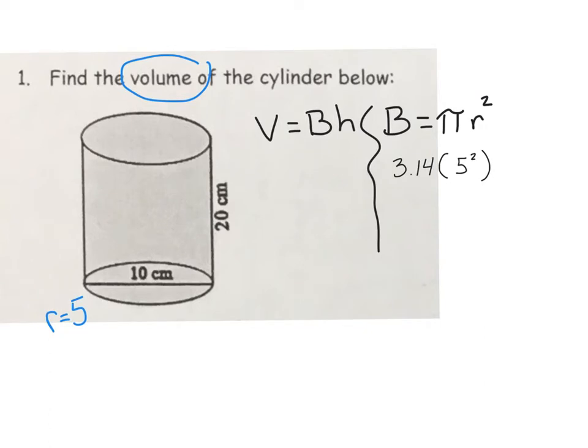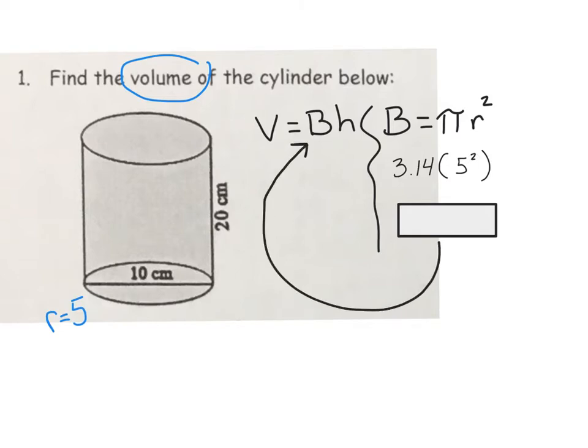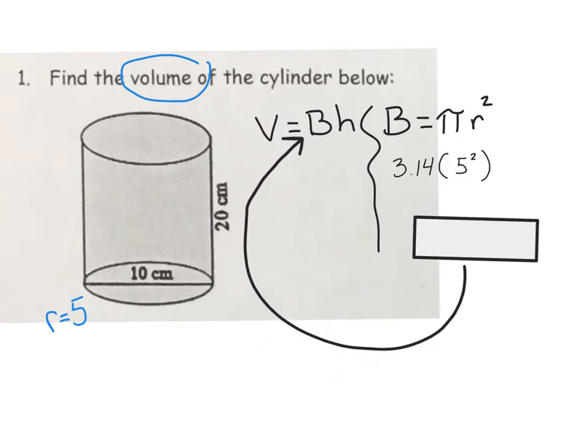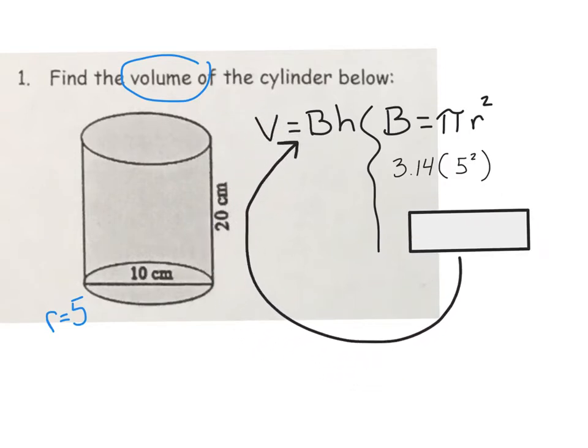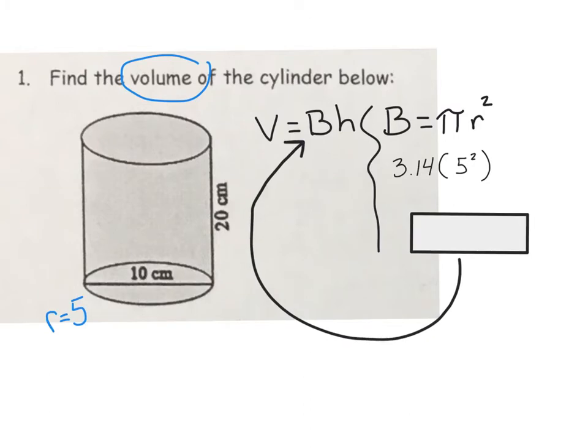Once you put that in your calculator, you're going to get an answer for that. That's the area of the base. So whatever you get there is going to go in this spot right there. Okay, so what I'm going to do is zoom in. Now whatever you got for your answer there is going to be multiplied times the height.